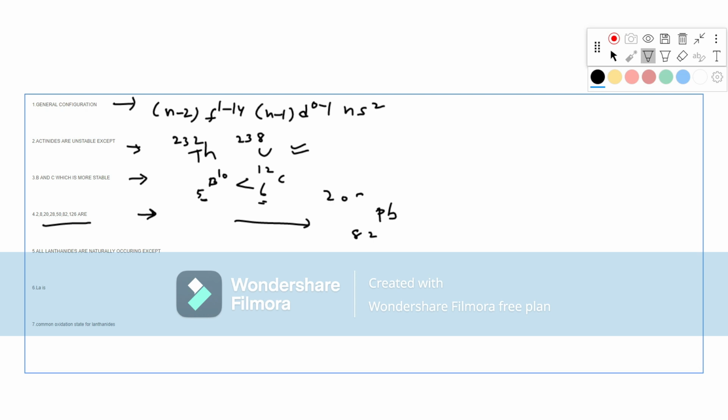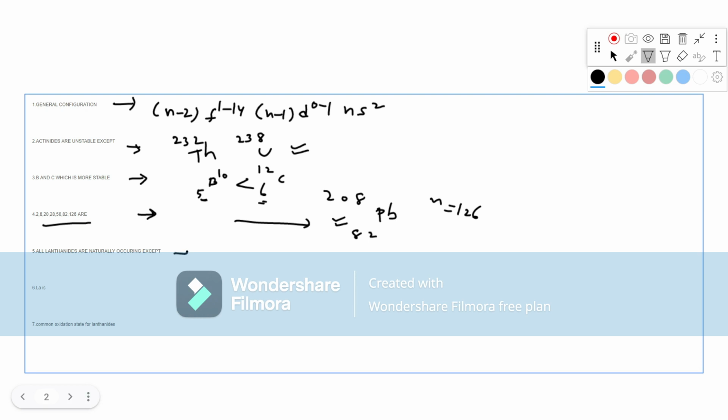The number of protons is 82 here. And the number of neutrons is 208 minus 82, which is 126. So 82 and 126 are both in these magic numbers, so this nuclei is very stable.